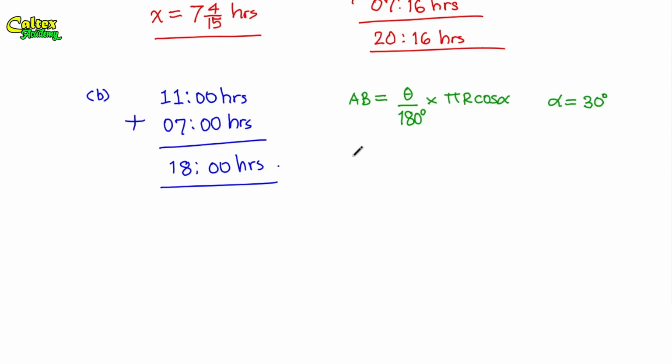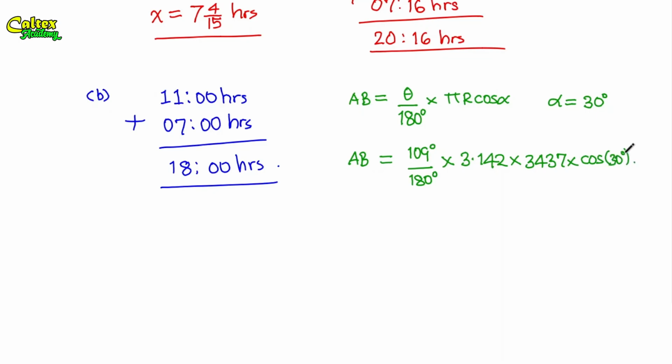So let's make our substitution. The arc AB is given by 109 degrees divided by 180 degrees, multiplied by the value of pi, which was given to us as 3.142, times R, the radius of the earth, that is 3,437 nautical miles, times cosine of our angle, 30 degrees.